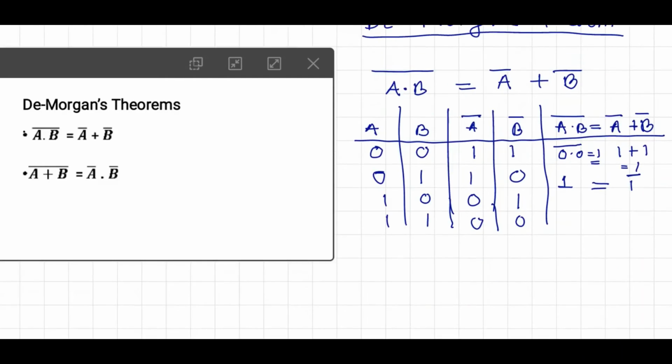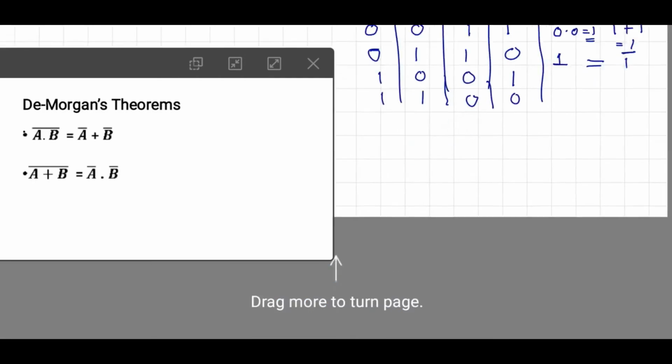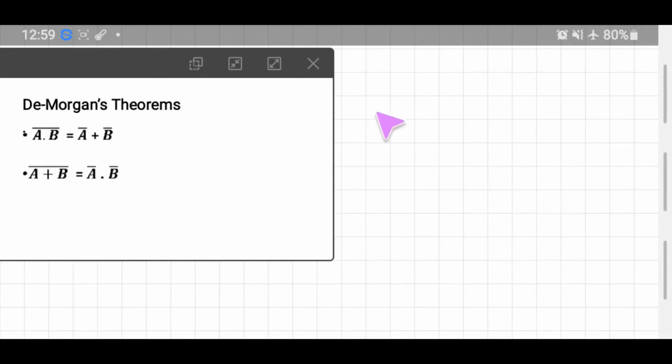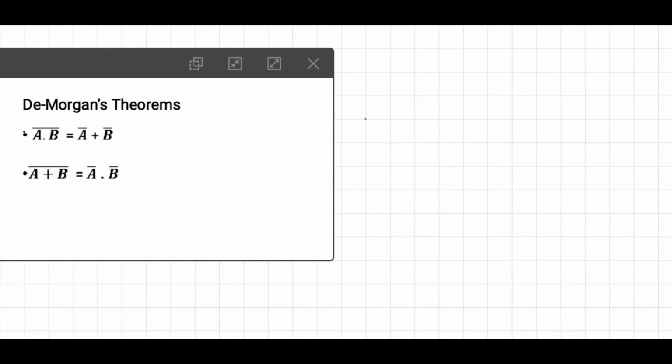The second theorem of De Morgan is that the complement of sum is exactly equal to the product of complements.